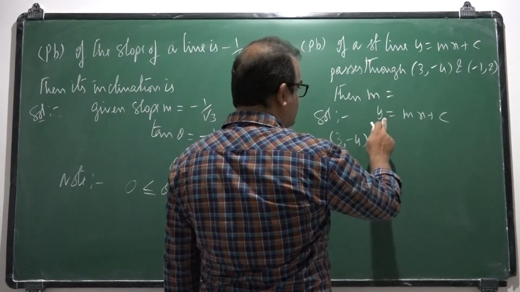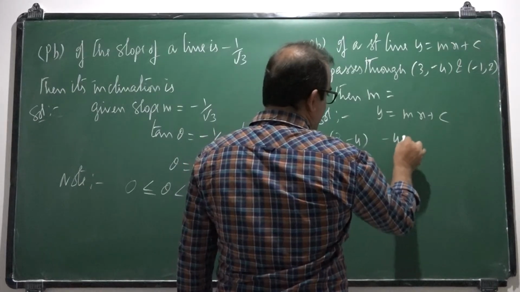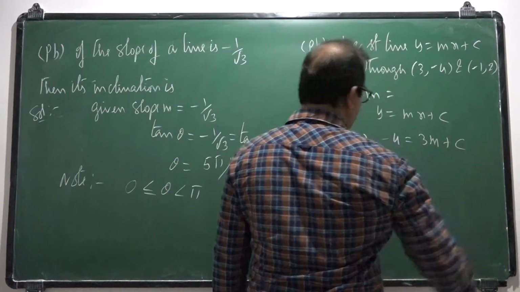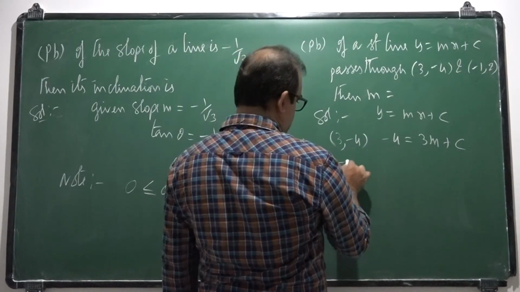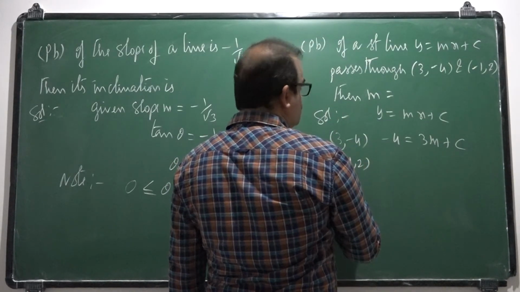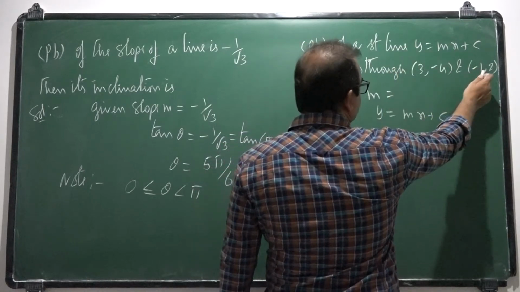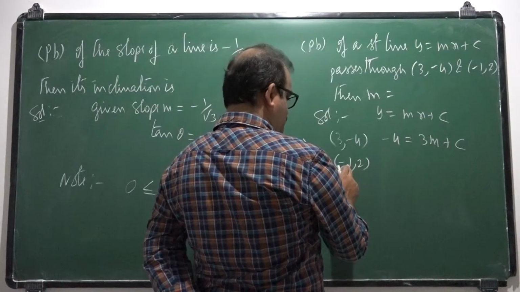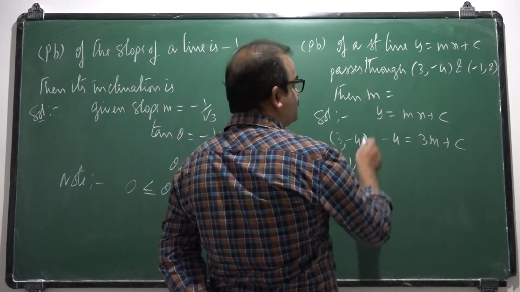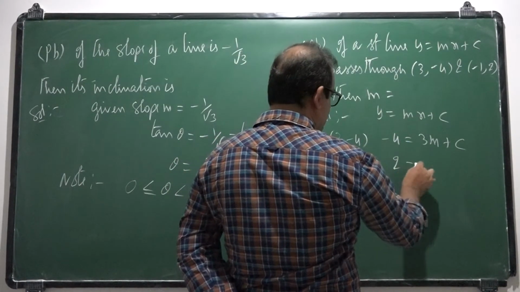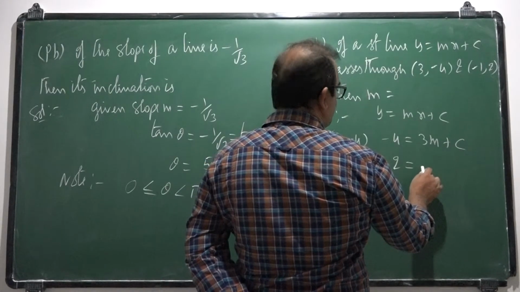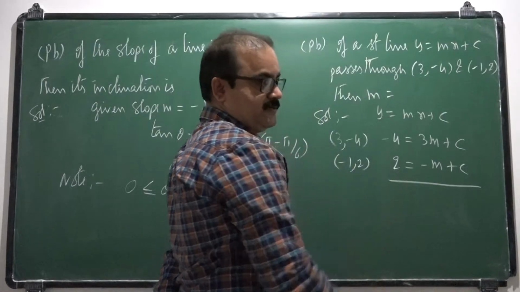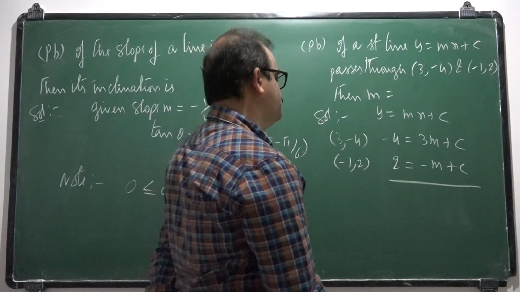Substitute these two values in this equation: minus 4 equals 3m plus c. Next, this line also passes through the second point (minus 1, 2). Substitute this point in that line. We get 2 equals minus m plus c. Solve these two equations and find the m value.